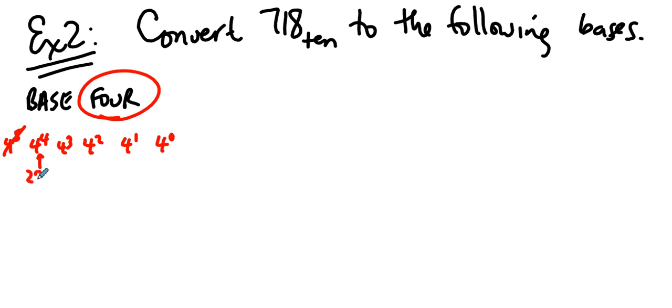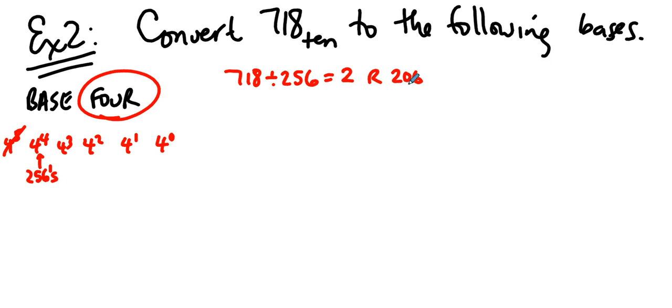This is the 256's place. So the question becomes, how many 256's are there in 718? Well, if you do that division, you get that there are 2 with a remainder of 206.